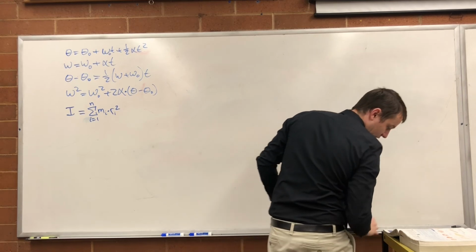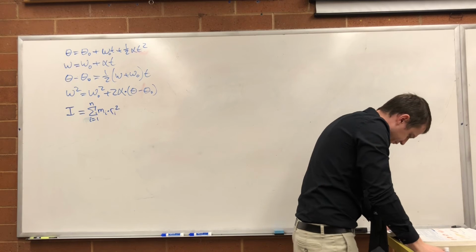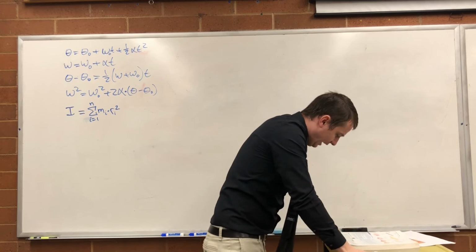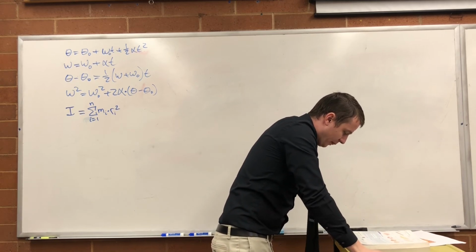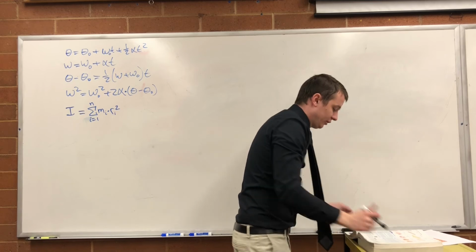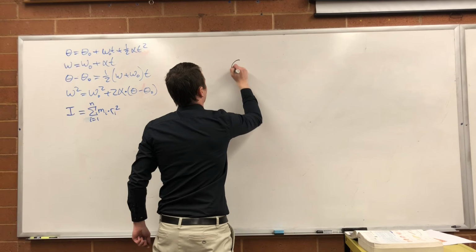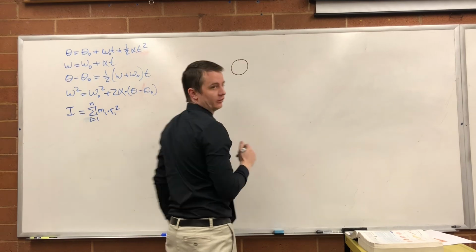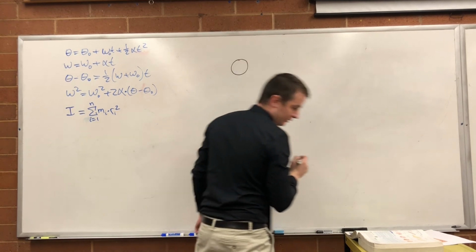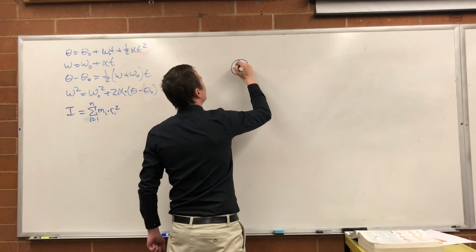Okay, so next problem. We wrap a light, non-stretching cable around a solid cylinder of mass 50 kilograms. So here's my solid cylinder. We're just looking at it from bird's eye view.